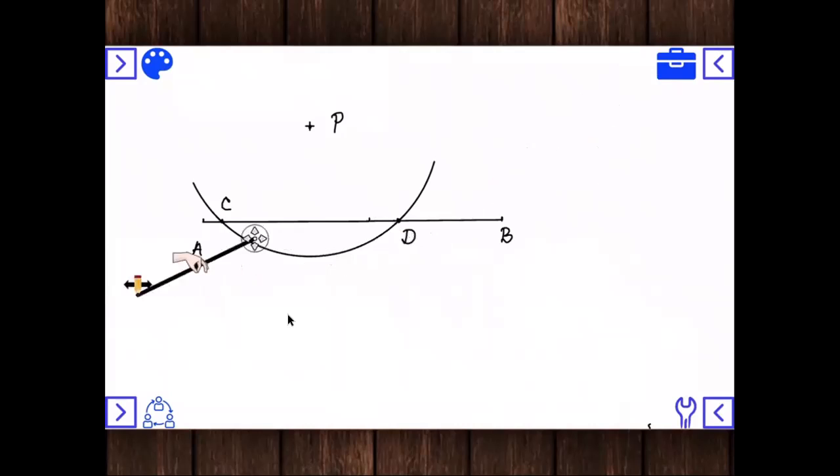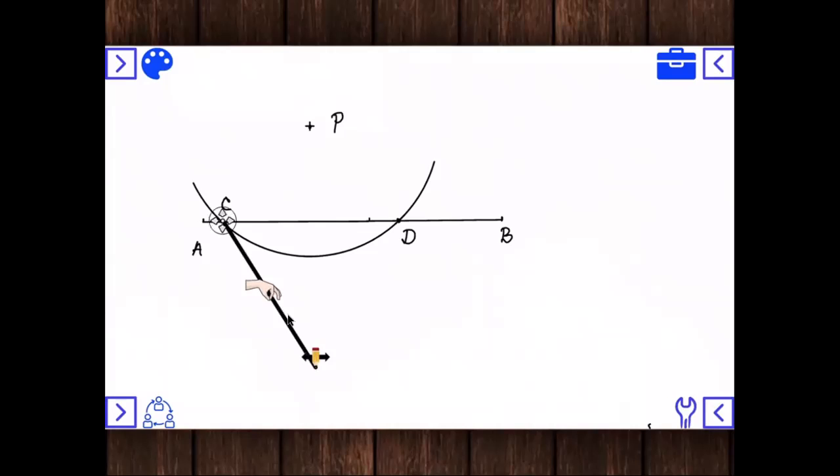Okay, so let's put the compass on C. Let's try to draw an arc on this side, because whatever we're learning here, it's general. Okay, it's a general method. So technically, it doesn't matter where you draw the arcs, the method should always work.